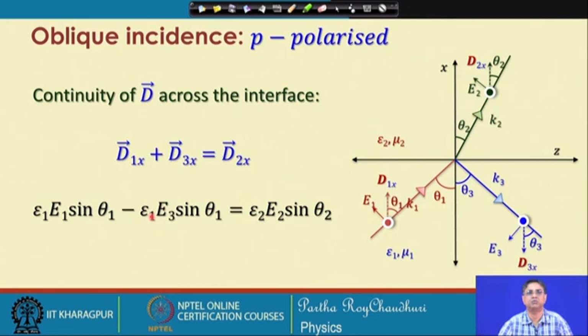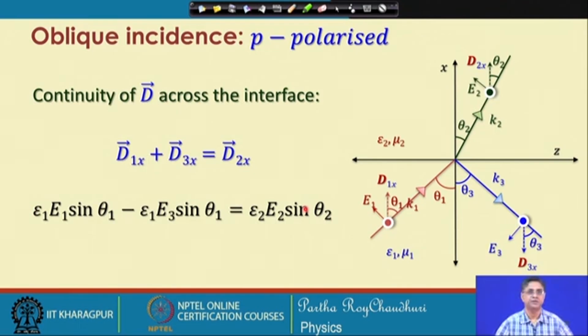We have seen that theta 1 and theta 3 are also equal, so we can write the left hand side in this form. For the right hand side, D 2 x, we write epsilon 2, the permittivity of the second medium, the electric field component and sin theta 2. So, this is the second continuity condition, that the normal component of the displacement vector will be continuous across the interface.